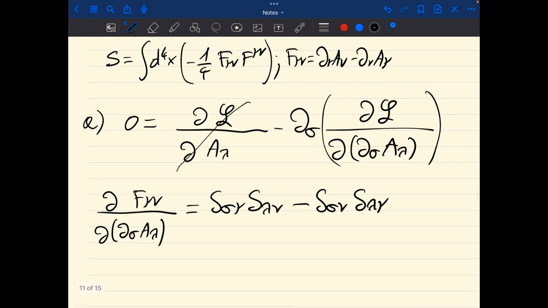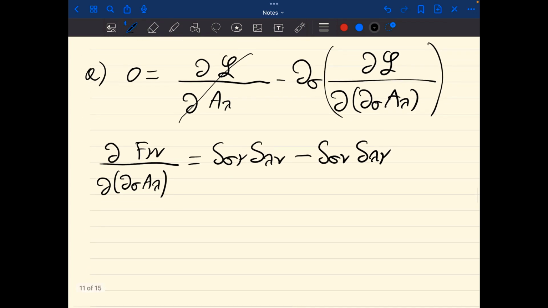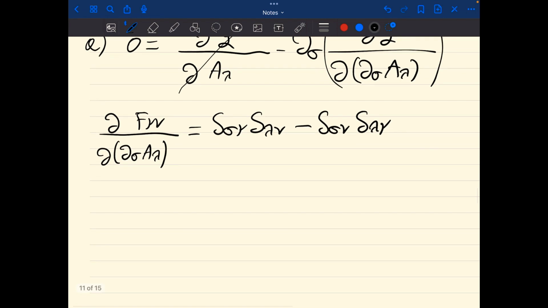Okay, so that's an intermediate result. What we are actually interested in is the derivative of F mu nu F mu nu with respect to the same quantity. We can decompose it using the product rule for derivatives.